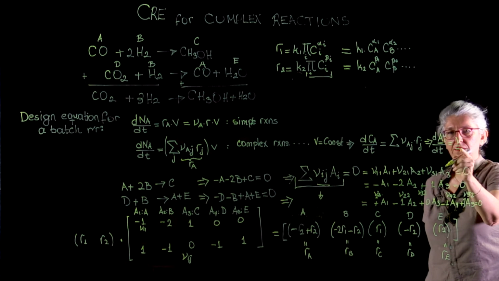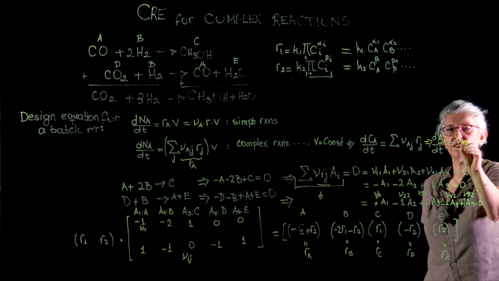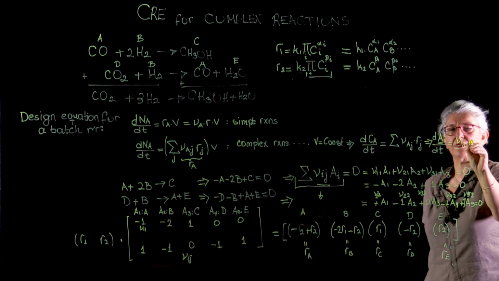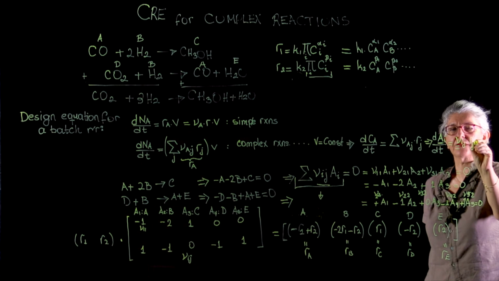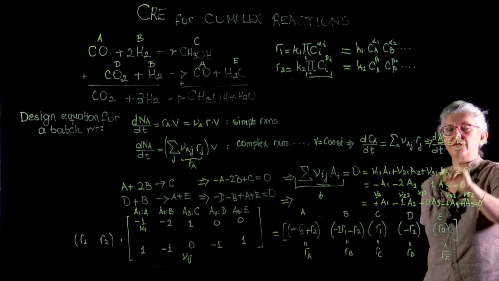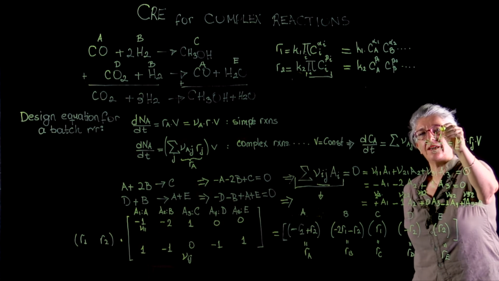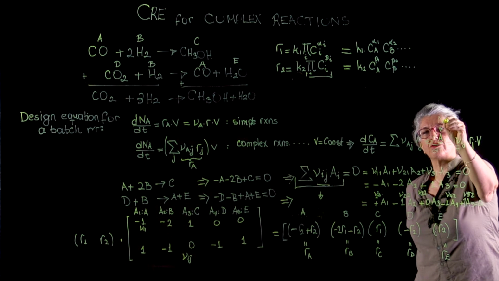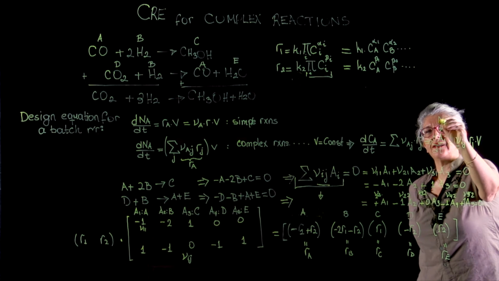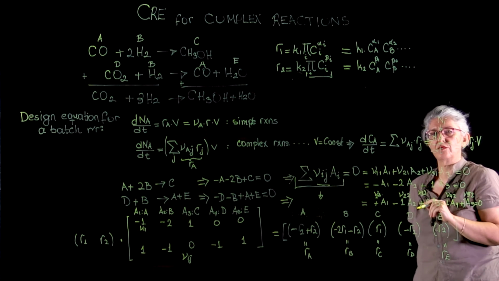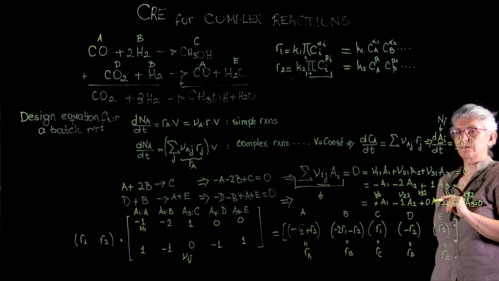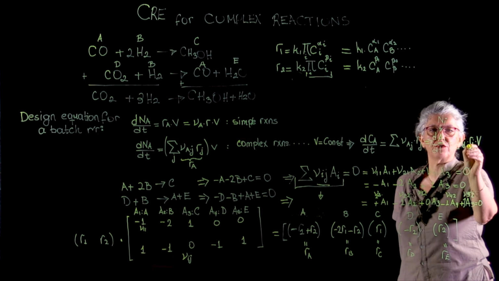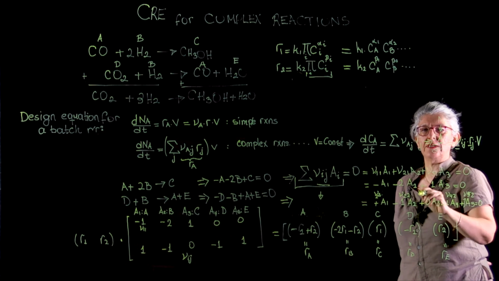When I do double, it's a tensor. Vij times Rj times V. So AI refers to Ni, number of moles within the system boundary. This is also a vector, all right?